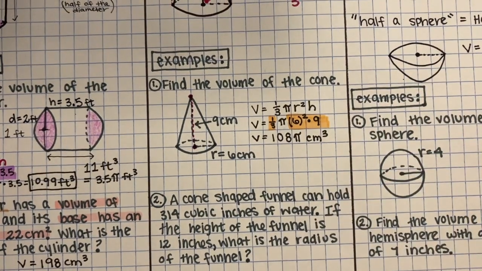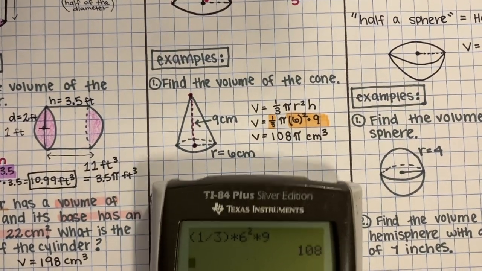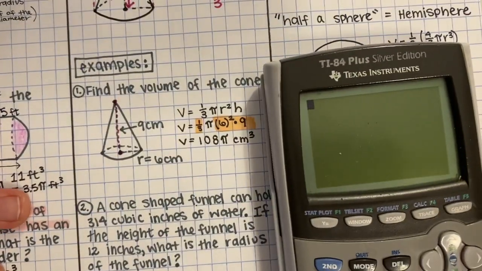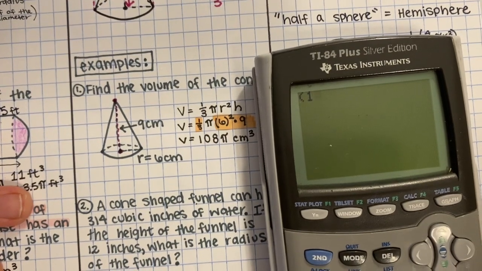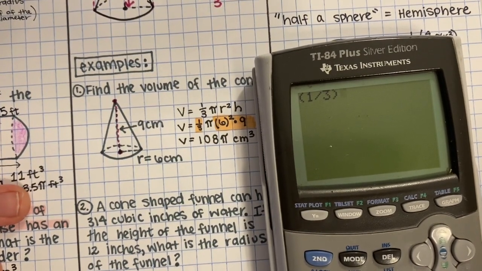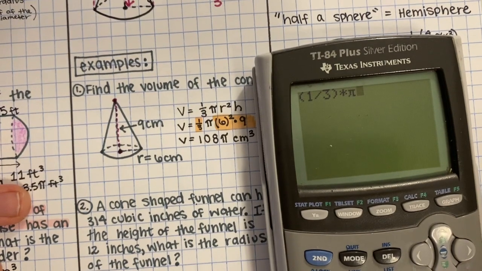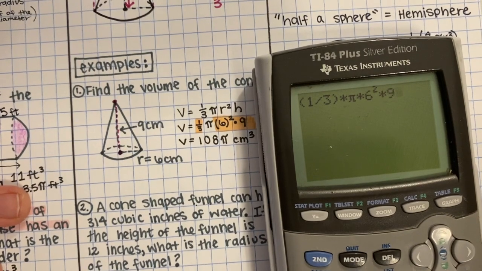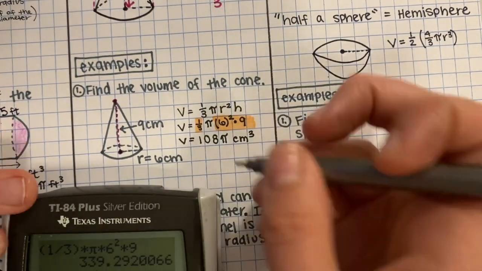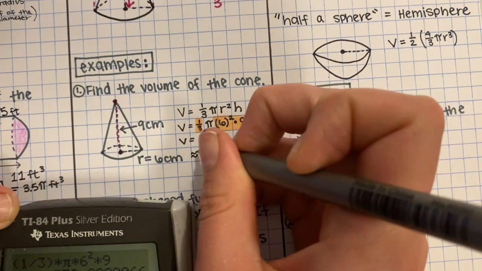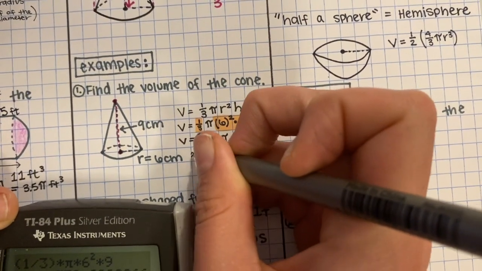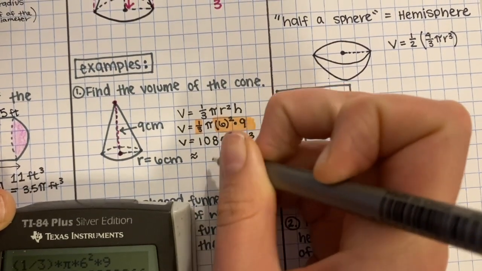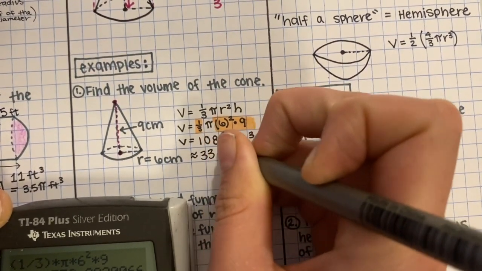If I want it not in terms of pi, then I'm just going to multiply everything together. So 1/3 times pi times 6 squared times 9. And I get approximately 339.3 centimeters cubed. I'm using the approximate, the little squiggly equal sign, because it's not exact, because we're rounding.